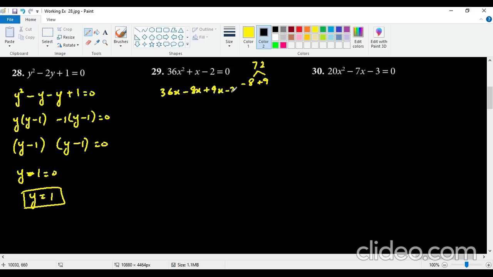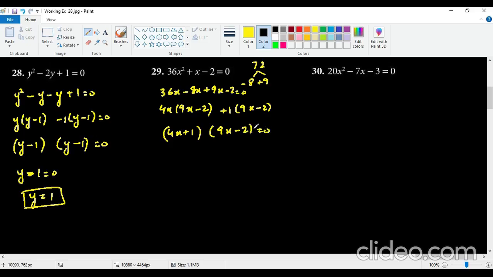That means what is common in here? It's 4x that is common. 4 times 9 is 36, and minus 2. And I copy down 9x minus 2 like this. Look at the third term. I will write plus 1 only. So 4x plus 1 in one bracket and in another bracket 9x minus 2 equals 0.